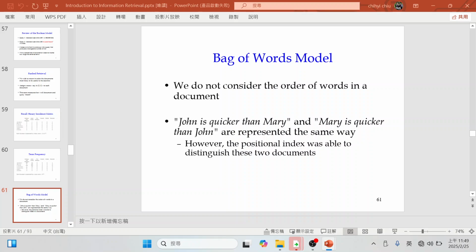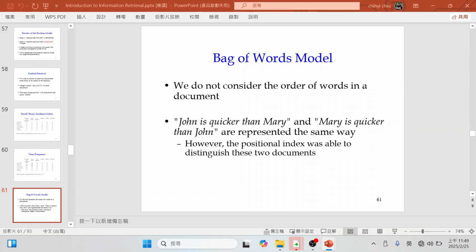For example, John is quicker than Mary is the first sentence, and Mary is quicker than John is the second sentence. These two sentences have different meanings, right? But in the bag-of-words model, because we only count the frequency of each word, the two sentences have the same representation.